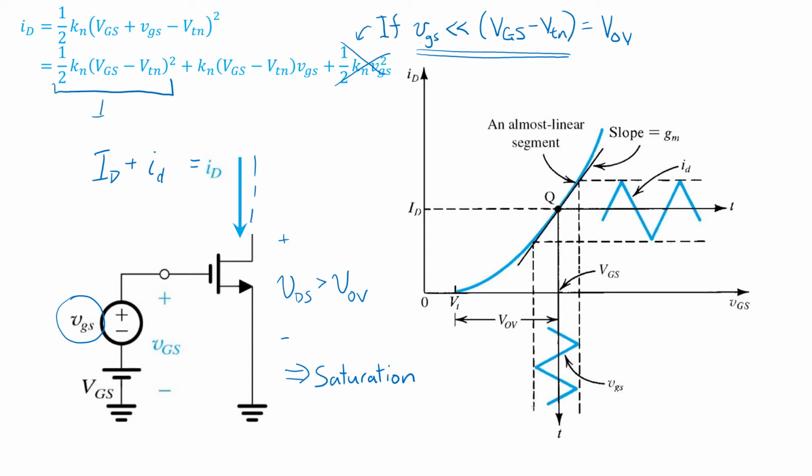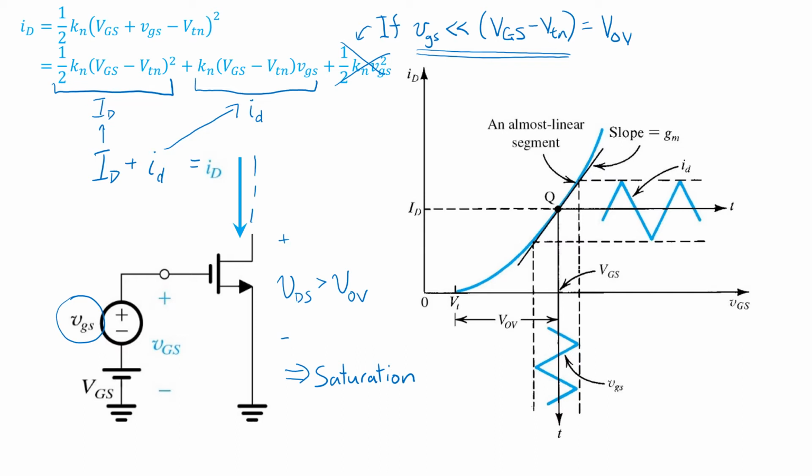Here's all uppercase ID, the operating point, and you'll see that it depends only on the operating point gate source voltage, all uppercase VGS, and then there's the small signal component, lowercase id, which depends on the small signal applied gate source voltage, all lowercase vgs. So you can think of the operation of the circuit as being a superposition of the operating point and the small signal.